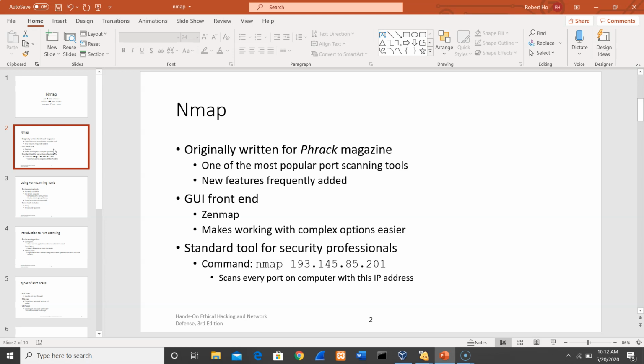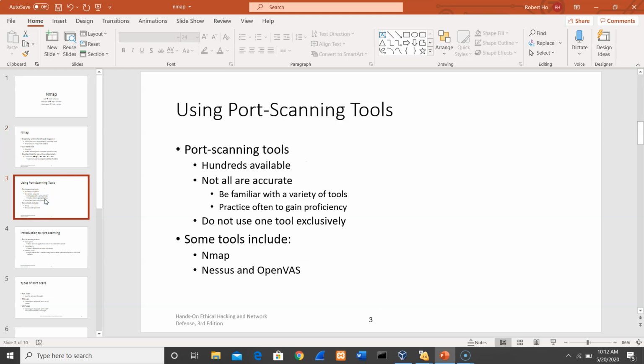So here is a little bit of introduction. There are hundreds of port scanning tools available, so I would suggest students focus on the most widely used and popular one, because it is very difficult to learn all of the tools, considering the constraint of time and many other reasons.